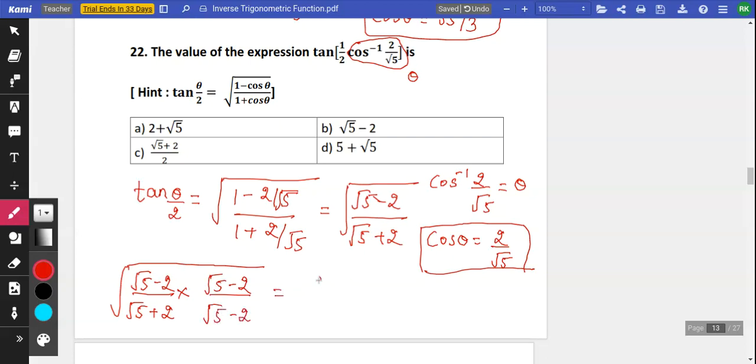It becomes square root of 5 minus 2 upon 1. Therefore, the correct answer is option B.